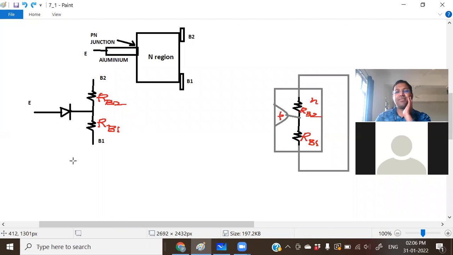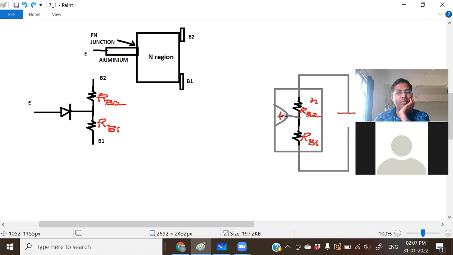The same structure we are representing in a somewhat different manner. What else do we have? We have the electrodes: emitter, base 2, base 1.